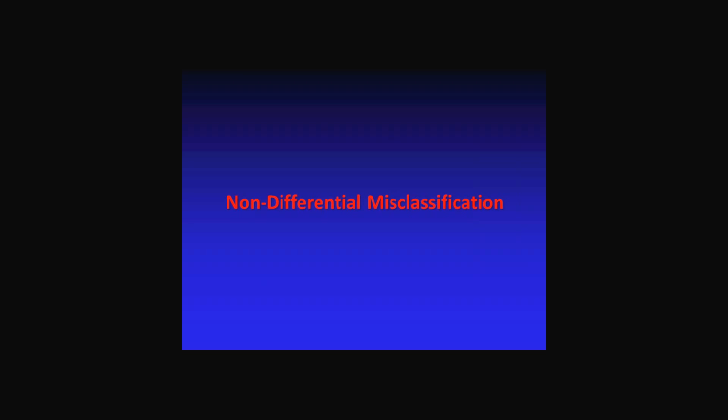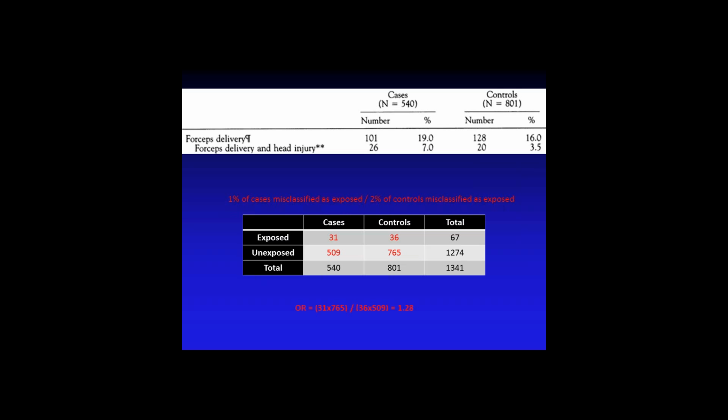And so I'm going to go in right now and show you how each of those ways could actually affect the association measures. Remember, the main association we have, it's not going to be in the sheet, it's completely different, is 1.98. And so if we come to this first one, here's the original table. Let's say that we have 1% of cases misclassified as exposed, and we have 2% of controls misclassified as exposed.